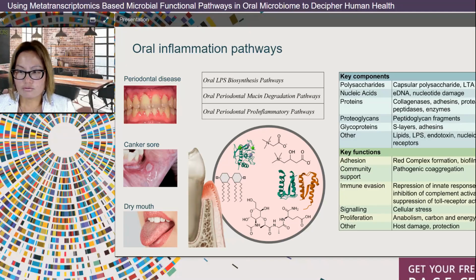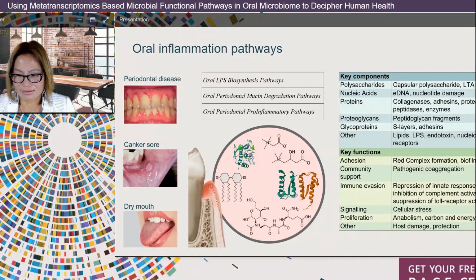I'm going to focus on the 3 scores related to the oral inflammation pathways. These 3 scores are represented in the middle table. On the left, it shows some representative diseases or conditions caused by oral inflammation: periodontal disease, that's inflamed or receding gum, canker sores, and dry mouth. We all have one or the other at some point.